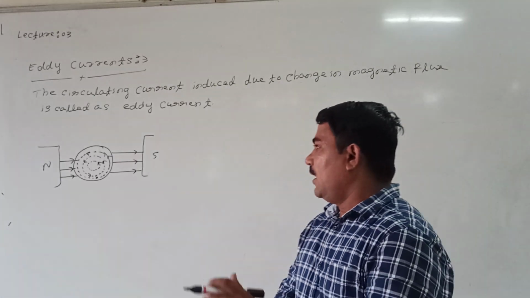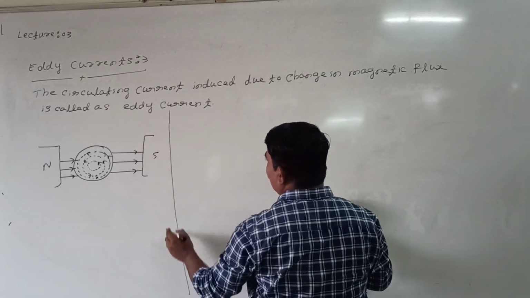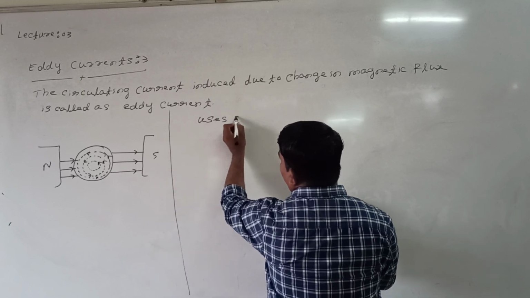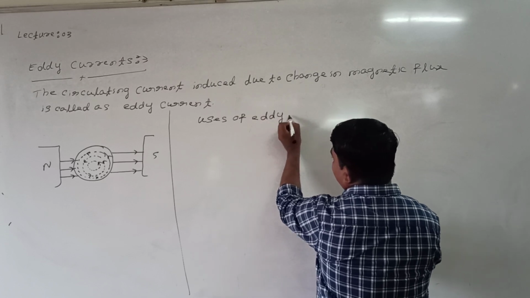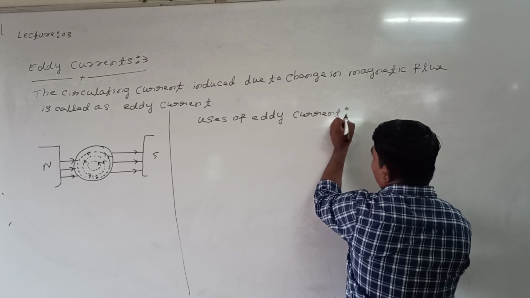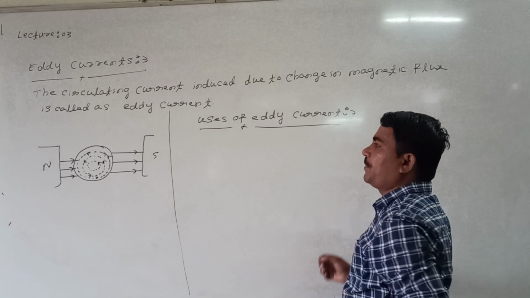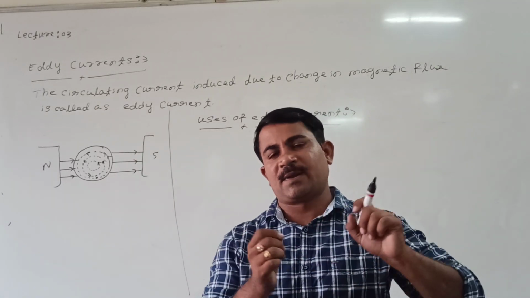Now let us go to the uses, or applications, of eddy currents. Eddy currents have a lot of uses. I will write the uses one by one, then explain in detail.